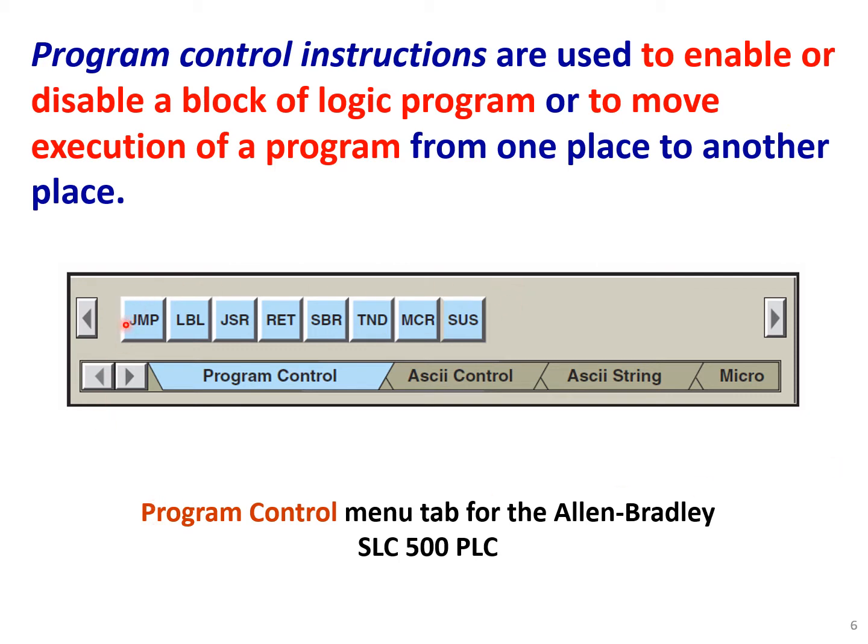So here in SLC 500, this is the Program Control Menu tab for the Allen Bradley SLC 500 PLC. Many of our examples on slides are from SLC 500, but as we have a menu for videos specifically based on Codesys, you could refer to those videos for Codesys specifically, but the concept is almost the same for Allen Bradley and Codesys.